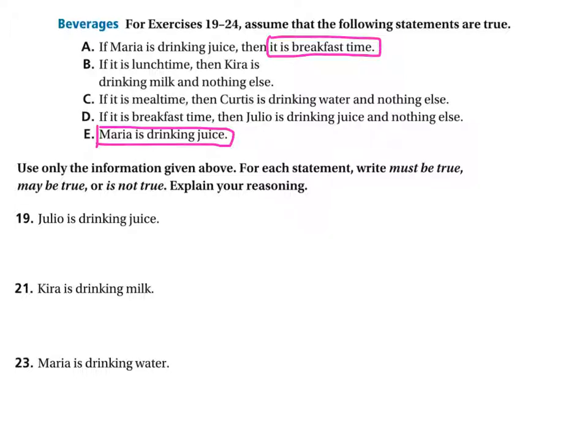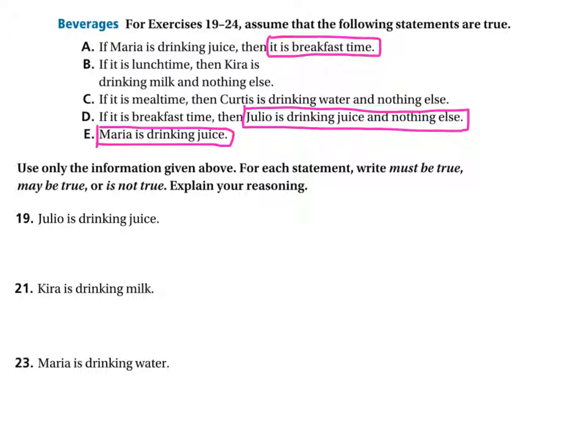Now, capitalizing on that, look at D. It says if it is breakfast time, we know something that must be true: Julio is drinking juice and nothing else. We know this to be true. All of these things that I'm boxing in pink must be true. And of course, remember, because E says Maria is drinking juice and A says if Maria is drinking juice, then it's breakfast time, we know it's breakfast time.